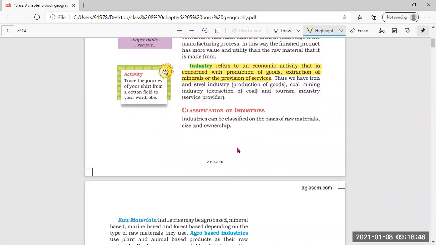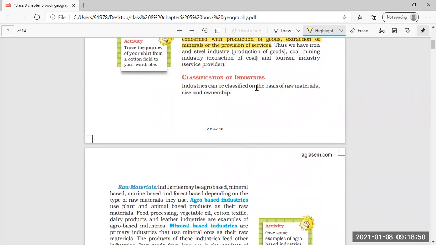Then further, we have seen that the classification of industries is based on raw materials, size, and ownership. Industries can be classified on the basis of raw material, what type of raw material that particular industry is using, whether agricultural based or mineral based, or raw material taken from the water deep inside the sea.